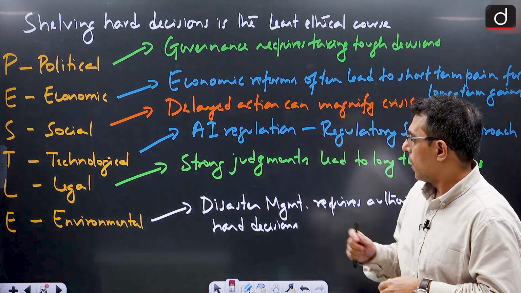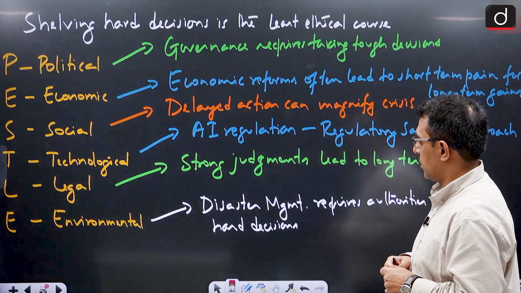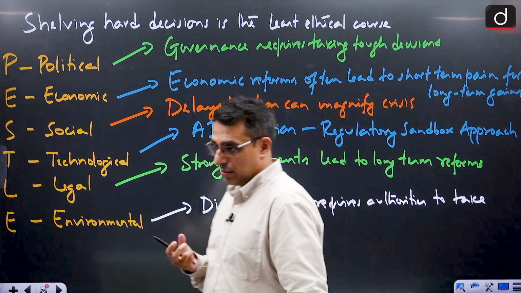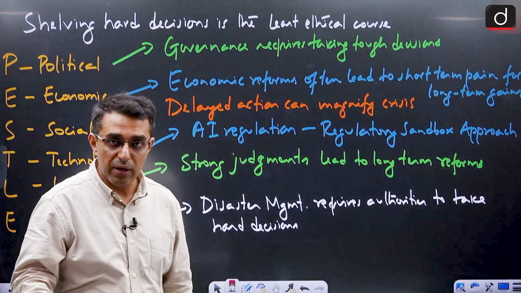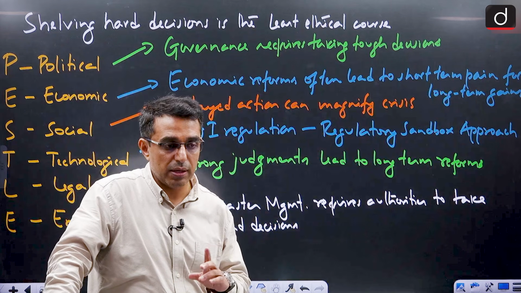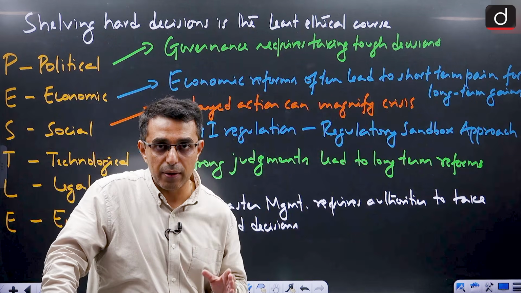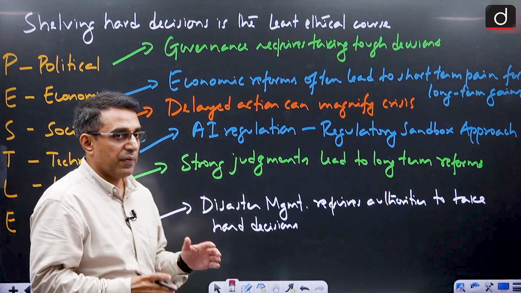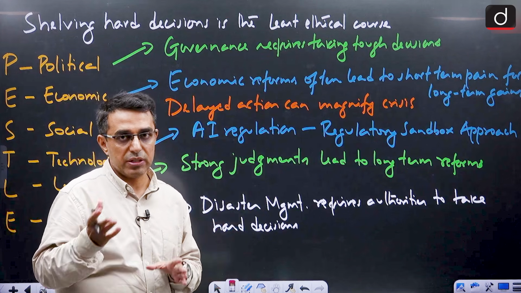Then in technological dimension, we can talk about AI regulation. Again, it is very much needed, right? And we will have to take hard decisions, because AI, if left totally unregulated, can cause more harm than good. But again, if we regulate it too much, then innovation will also stop.